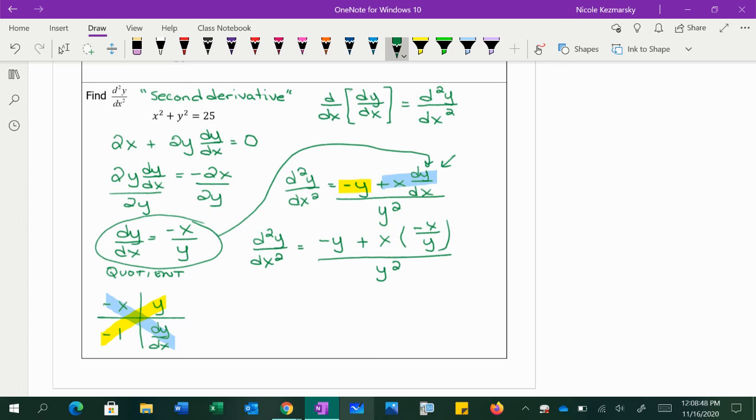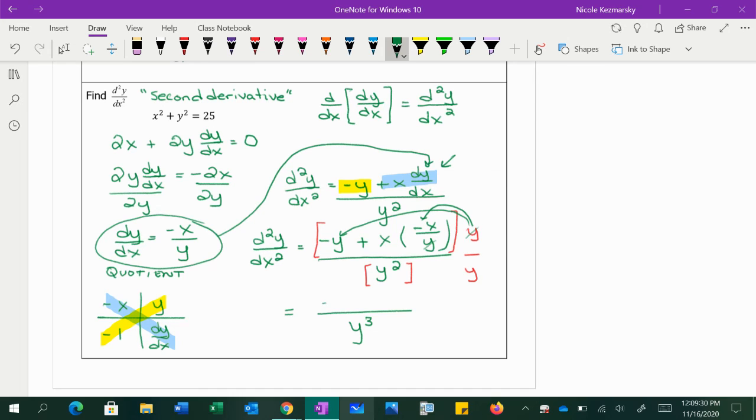But what I can do is I can take the entire numerator and the entire denominator and multiply them both by y over y. So I'm multiplying by 1, but it doesn't look like 1. So that means now in the denominator, I have y cubed. In the numerator, this y gets distributed here and here, so both terms. So I'm not going to make this -xy over y because the y's are going to cancel.